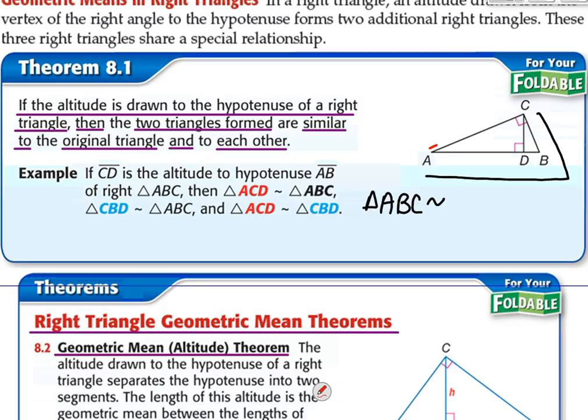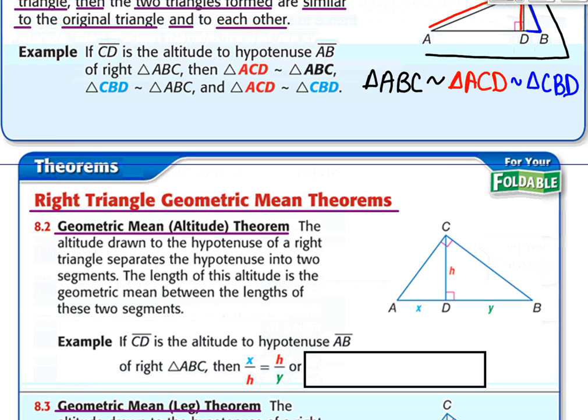So that would be triangle ACD. And then if I use this little right triangle on the side, then hypotenuse and short leg, it would be triangle ABC is similar to triangle CBD. So you might want to write that down as well.